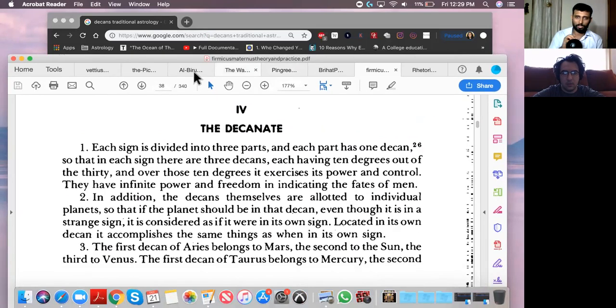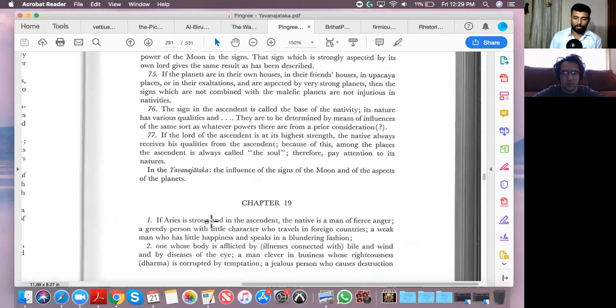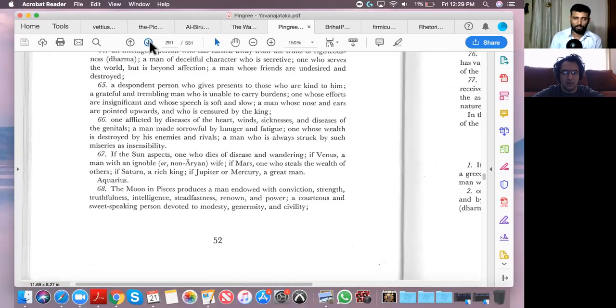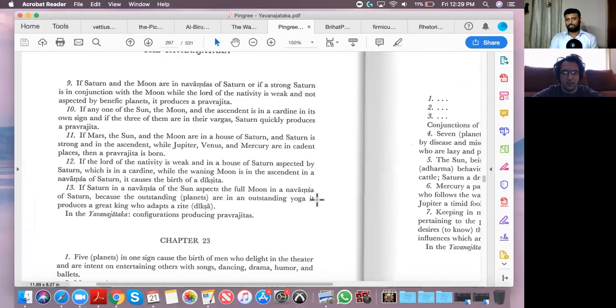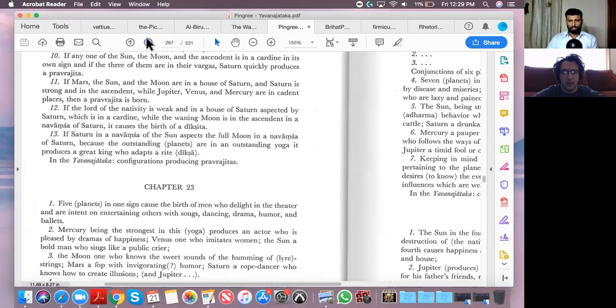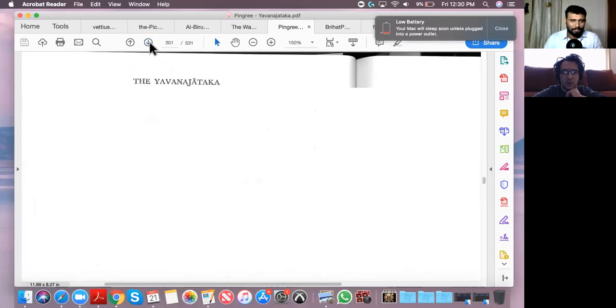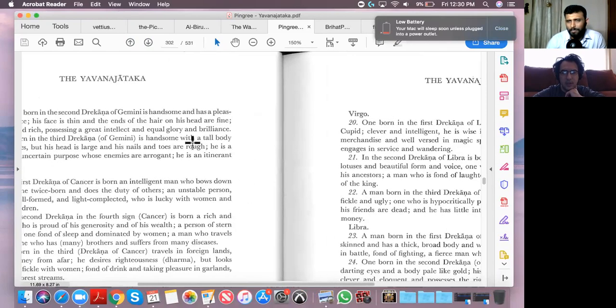The analogies or stories given for each decan in texts like the Yavana Jataka are really descriptive of how a planet is going to manifest in a particular decan. Let me see if I can find that real quick. The Yavana Jataka is one of the best for this. Yeah, here it is, the Drekanas.